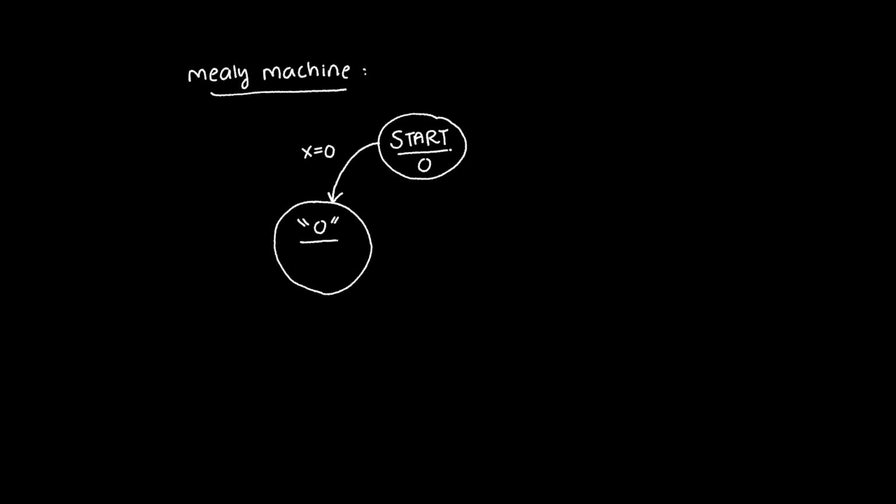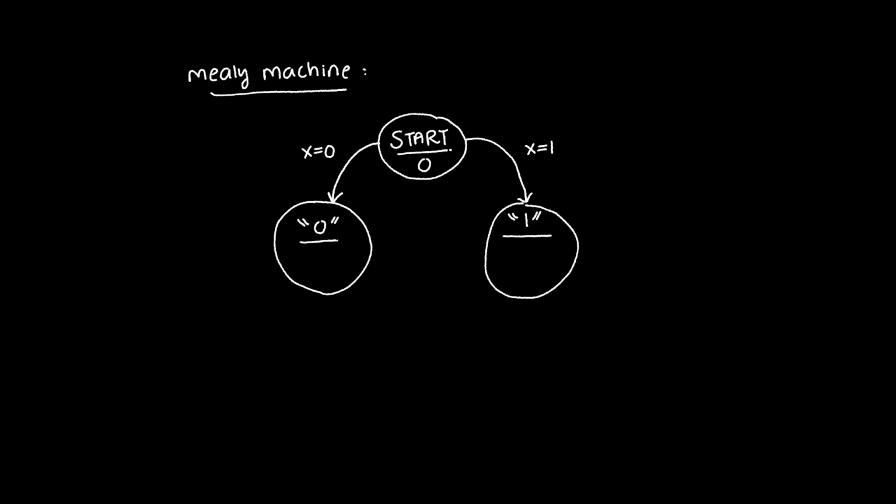This transition is conditional on x. Symmetrically, let's start off the other way. If I'm in the start state and I get an incoming 1, then I'm going to move to this state called 1 has been detected.